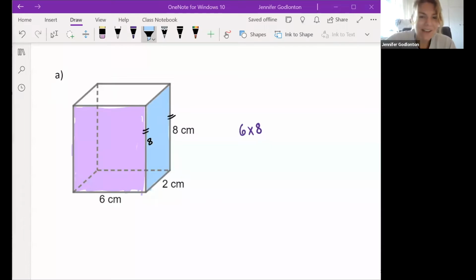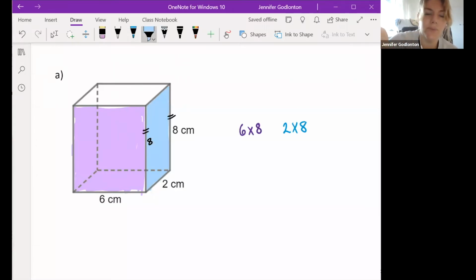Okay, so now I'm wanting the area of this blue face. Can you tell me what numbers I would multiply to get to my area of my blue face? Look at it carefully. Nice. Good. So my blue face is going to be 2 times 8.